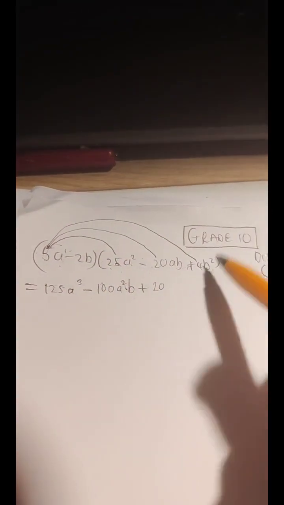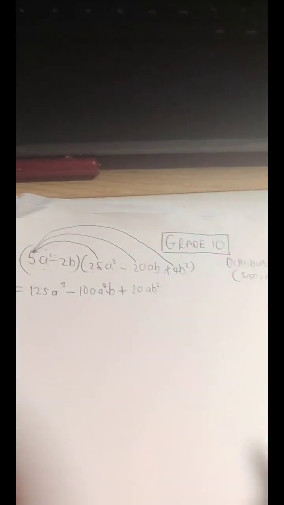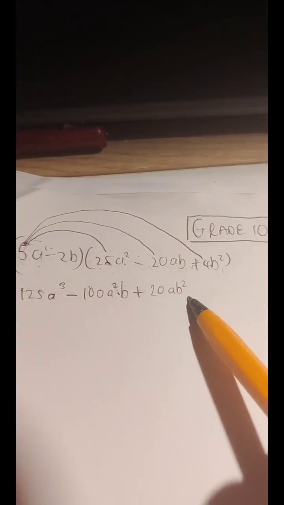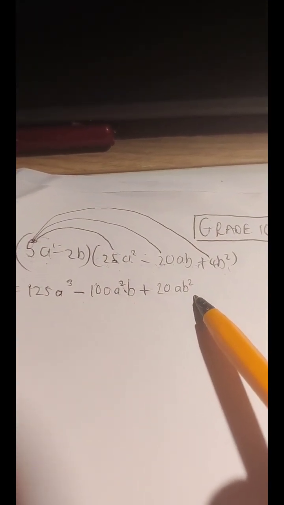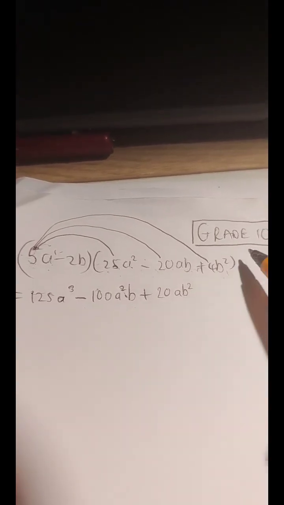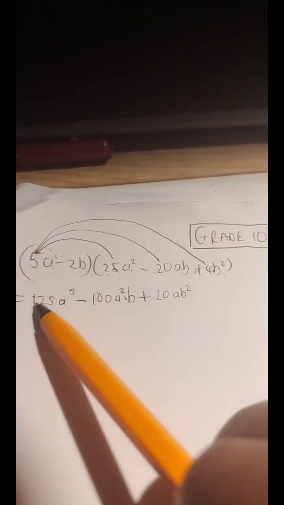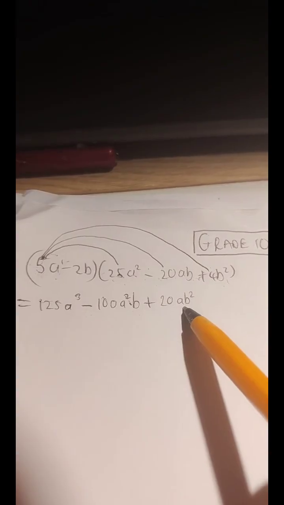A times b squared is ab squared. You combine the a and the b squared because they are different letters with different exponents. Just combine them when you multiply them. So we've just finished distributing 5a into these 3 terms.